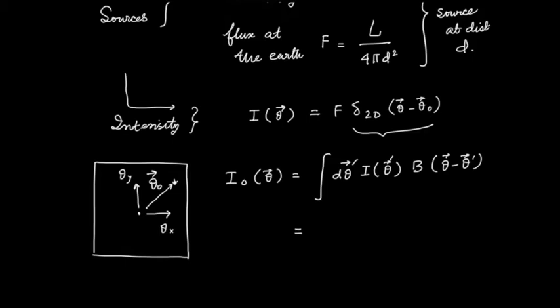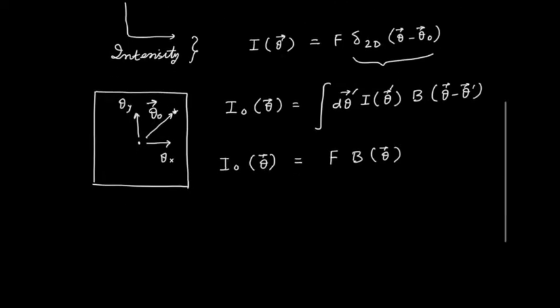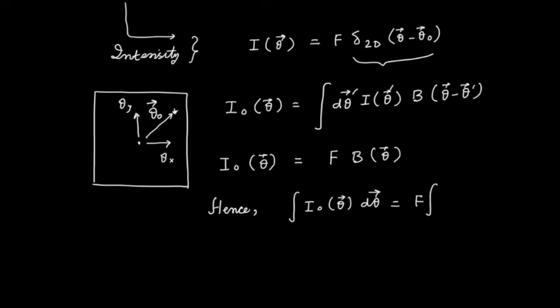This will then turn out to be f times the beam itself, because that is the property of the integration with a delta function. Hence, for such a point source, if I integrate I0 of theta d theta, f is the flux of the source, it doesn't depend on theta.